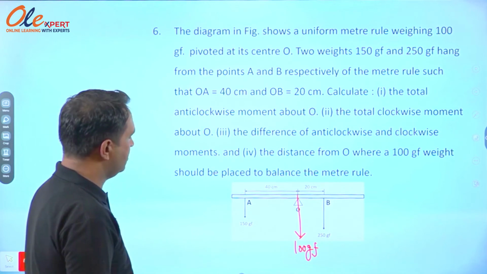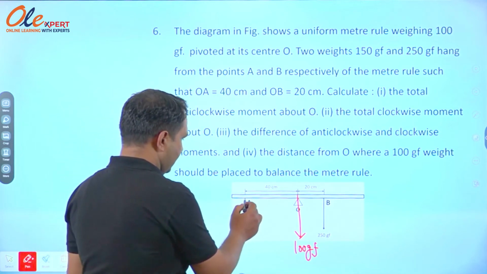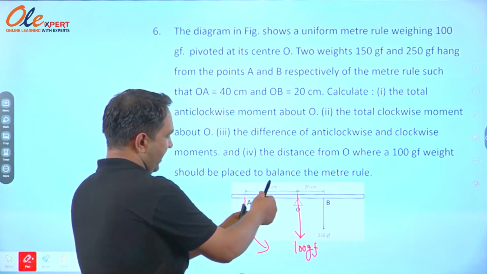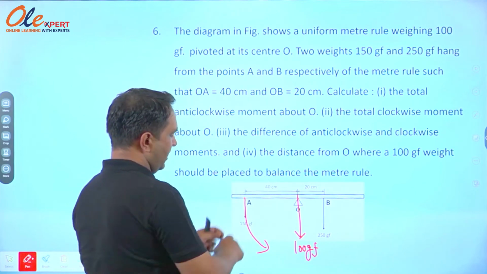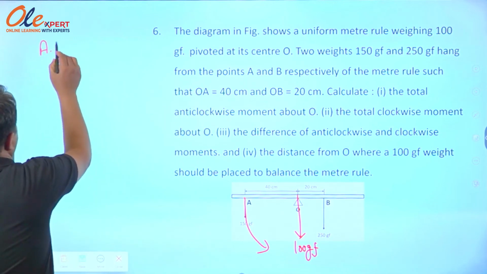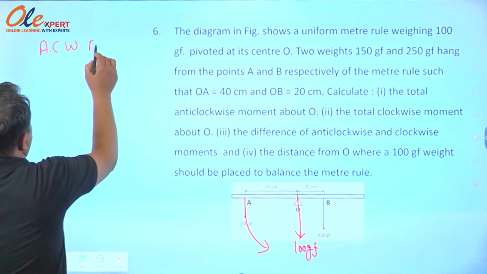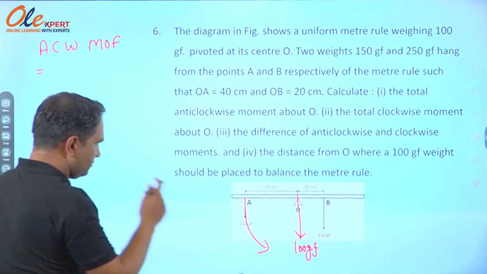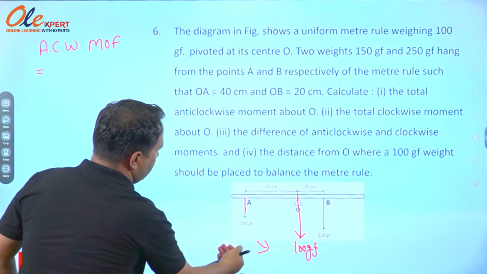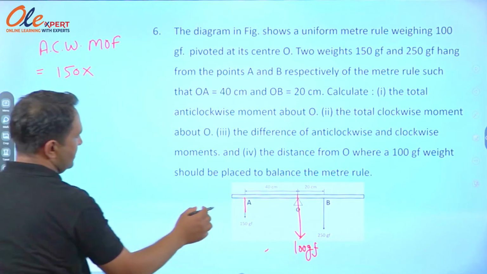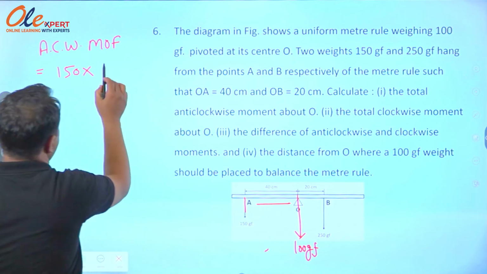The total anti-clockwise moment about O. So this will do the anti-clockwise moment, right? So we have to calculate it. Anti-clockwise moment of force is equal to, how much is the mass? 150 and the perpendicular distance is 40 centimeter.